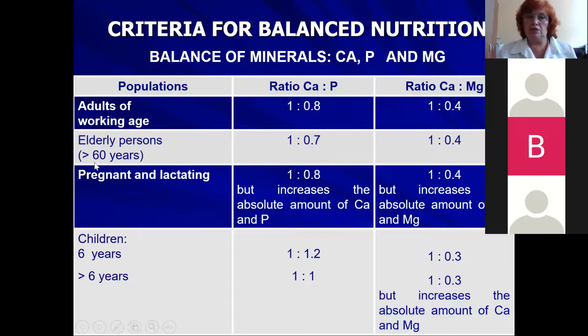Elderly persons have a calcium to phosphorus ratio of 1 to 0.7 and a calcium to magnesium ratio of 1 to 0.4.